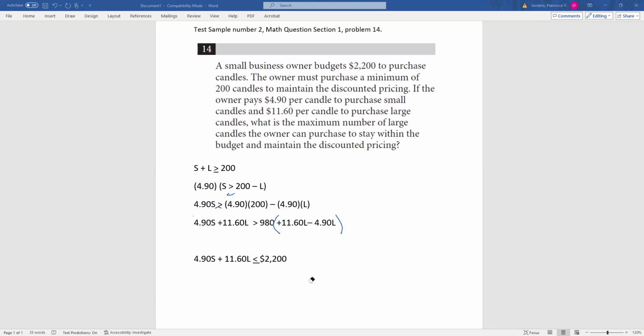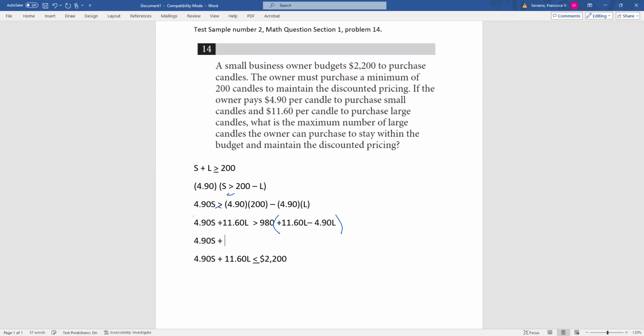But we have different symbols and different numbers. So let me go ahead and do that. What's 11.60 minus 4.90? Use a calculator, and so now I have the left side of the top equal to the left side that you see on the bottom, less than 2200.